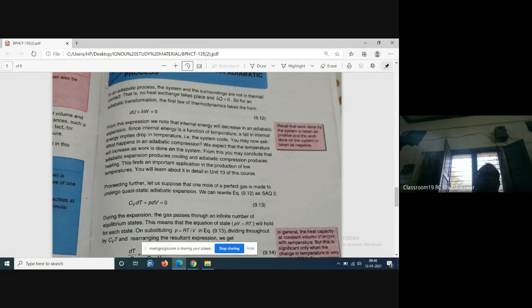Internal energy we can calculate directly from the temperature. Suppose there is a fall in temperature by dT, then how much energy is required for the change in temperature dT? That is equal to Cv dT. Cv is the energy required at constant volume for an increase of 1 degree centigrade or Kelvin of temperature, or fall in temperature.